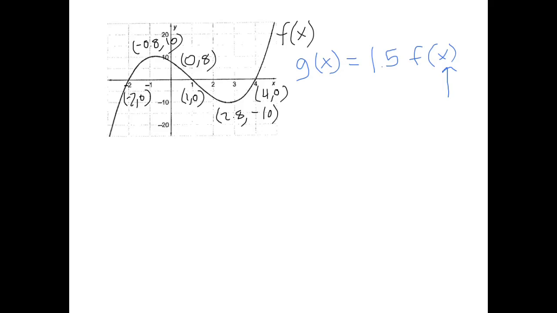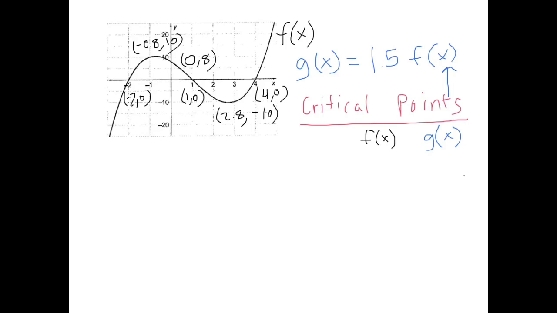This will hold true for all points on the graph, but we're going to look specifically at the critical points. So let's make a little table in red. Critical points of f of x and of g of x.